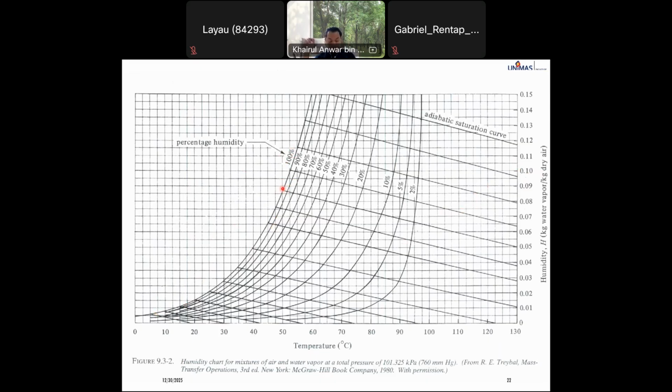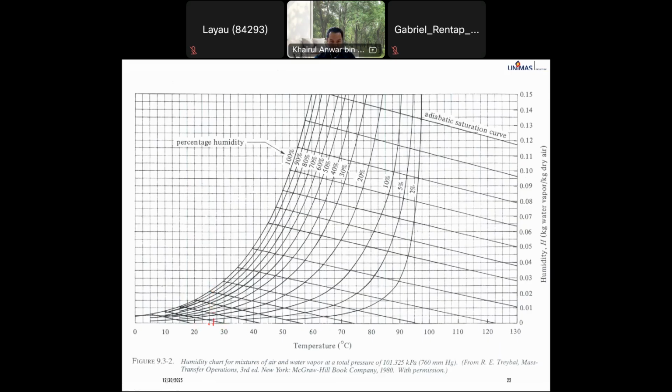Example 33.3-1 from earlier, for 26.7 degrees C, HS was calculated as 0.0226. 25 is here, so 26 should be somewhere here.